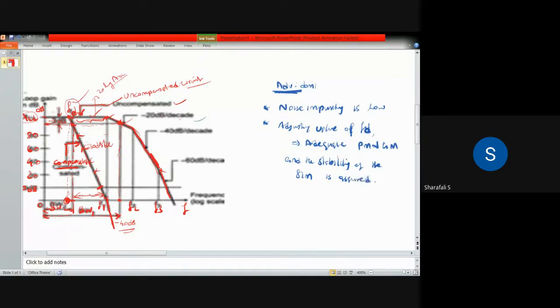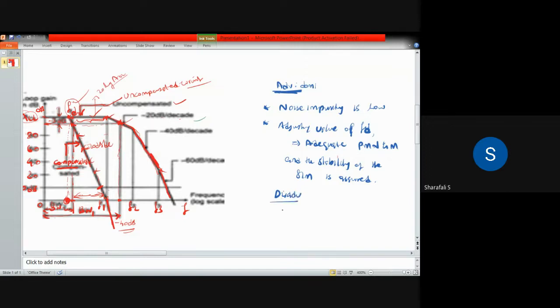So by adjusting the FT value, by means of adjusting the R and C values in the compensation network, we can have some adequate or appropriate phase margin and gain margin, and that will result in the stability of the system. So these are the advantages of the dominant pole compensation. Also, there are some other advantages of the external compensation. So you can list all those things.